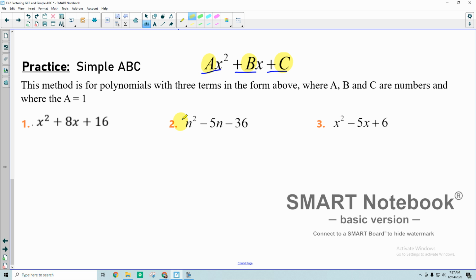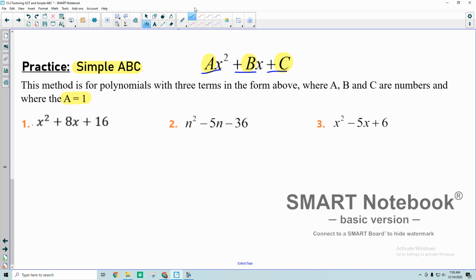I don't have a number there. Well, since this is a simple ABC, the nice thing is that A is always going to be 1. So in the very front of all of these problems is an invisible 1. You're not going to see it written, but we understand that there is an invisible 1 in front of all of these.